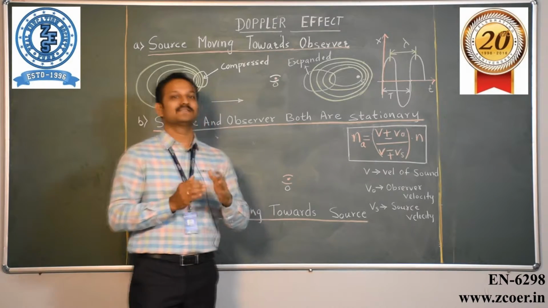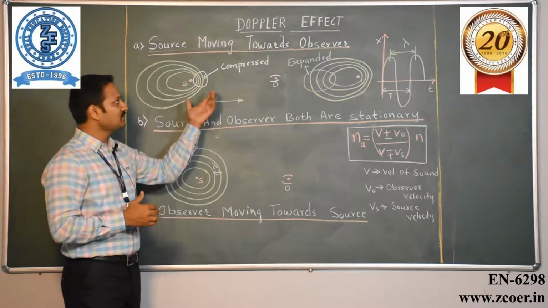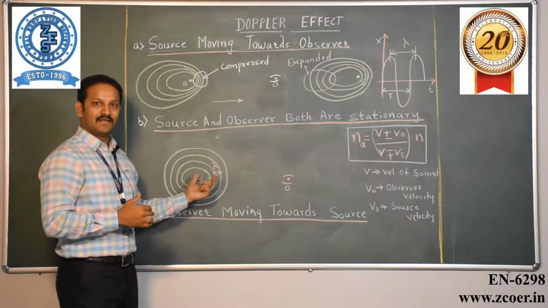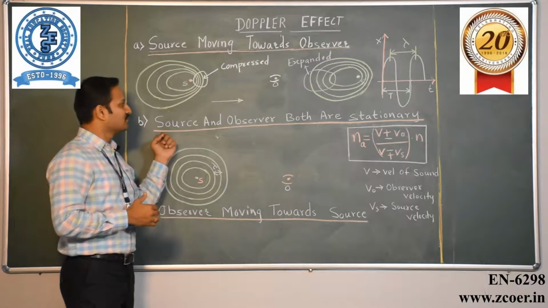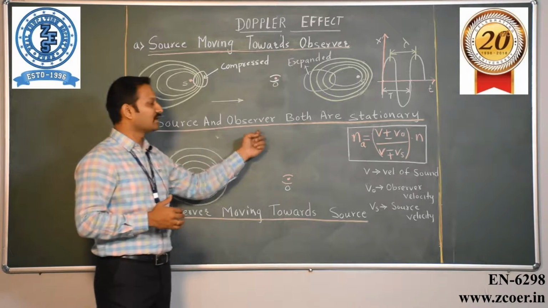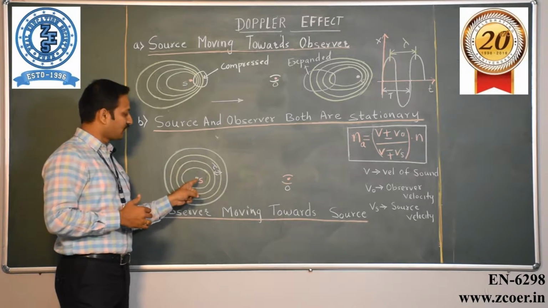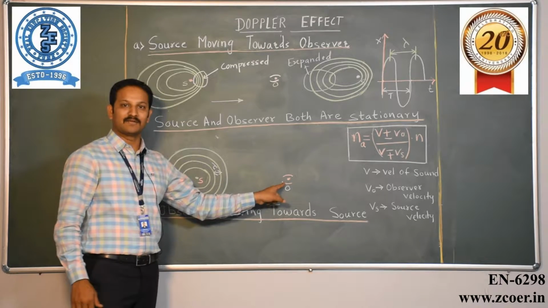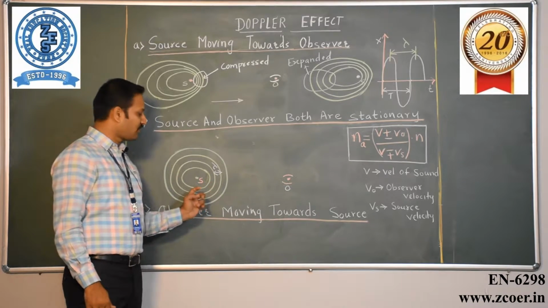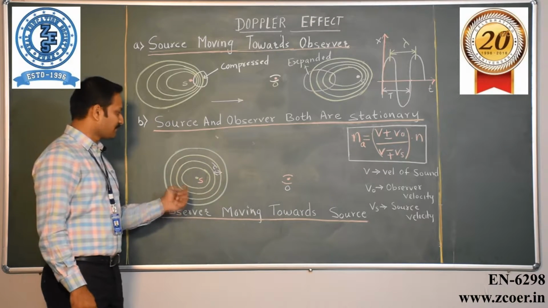Let us discuss this using some example. Now you may find three cases on the board. One, initially let us consider source and the observer both are stationary. So you may find in the diagram, one is source, one is observer, and both are stationary. That means there is no movement of source towards the observer or observer towards the source.